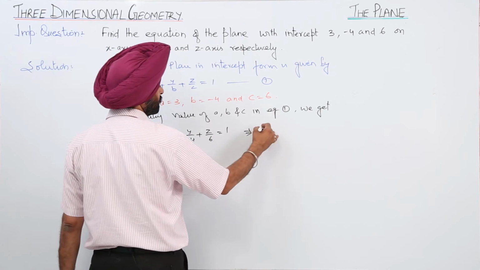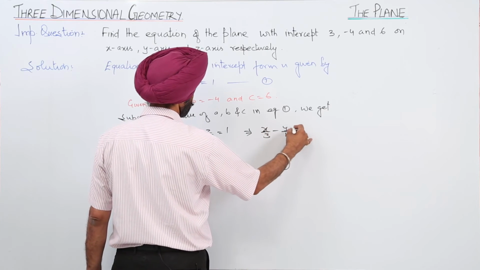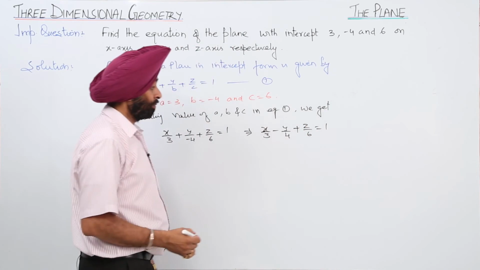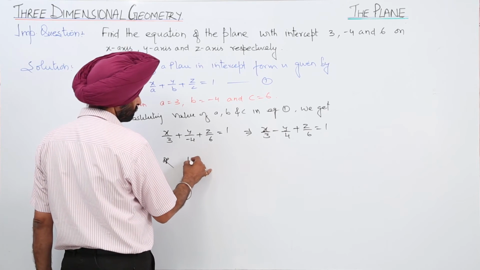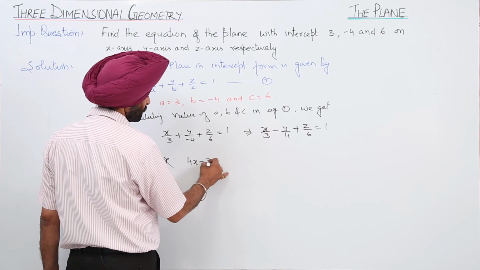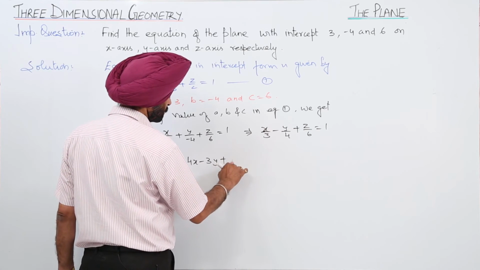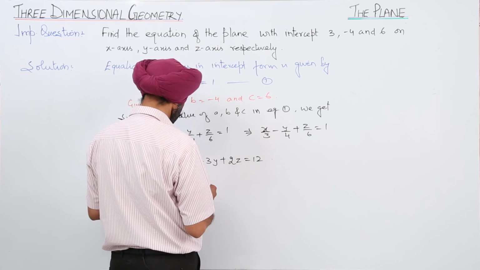Now, to this we can write it x upon 3 minus y upon 4 plus z upon 6 is equal to 1, or taking LCM, 4x minus 3y plus 2z is equal to 12.